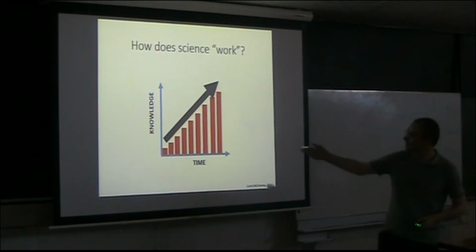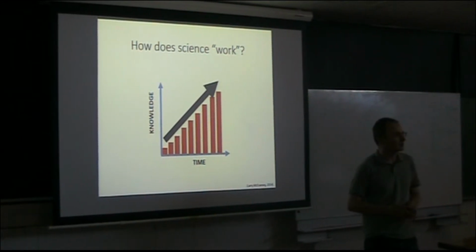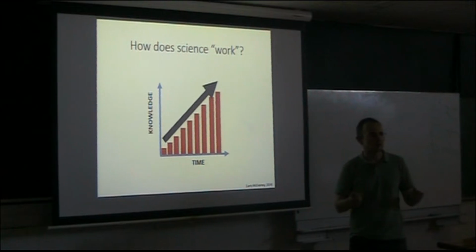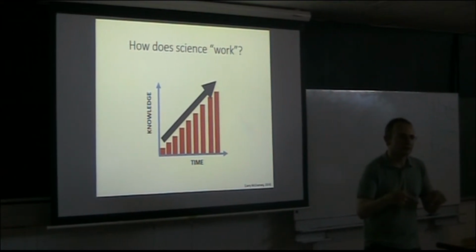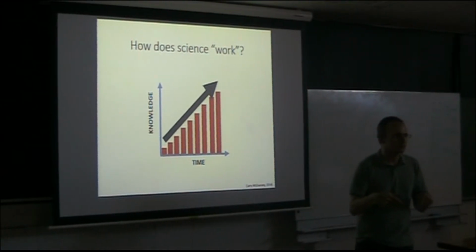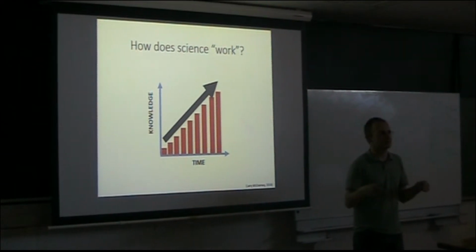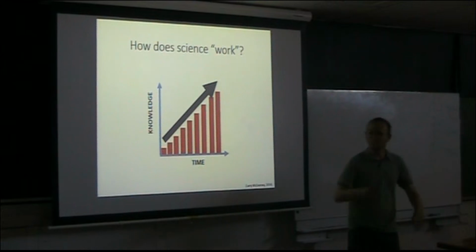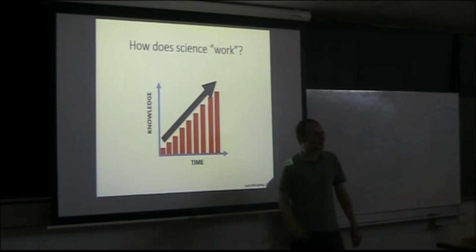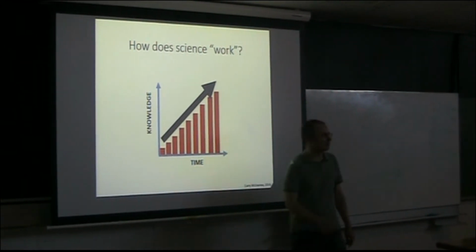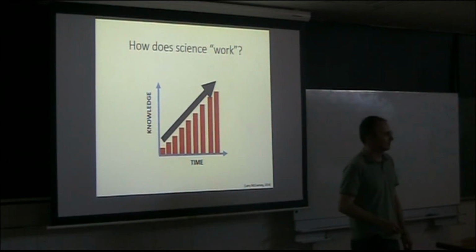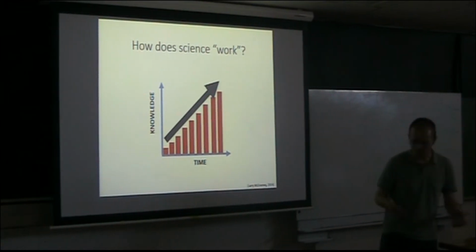But here we say that knowledge is increasing. But there's this point that what we know now might be wrong. We might think we know a lot about a lot of things, and so we're marching along here, but actually most of what we know might be wrong. And so how do we then deal with that?